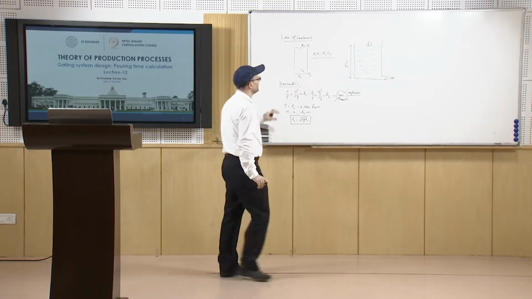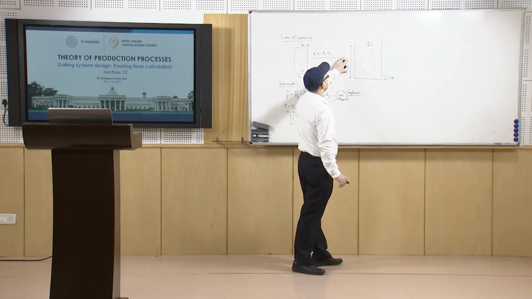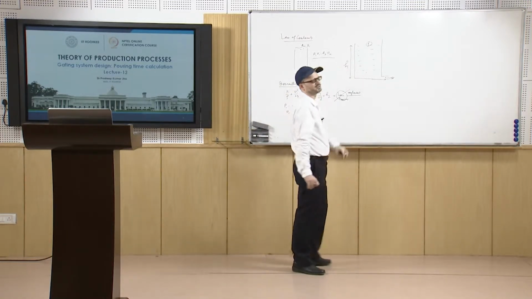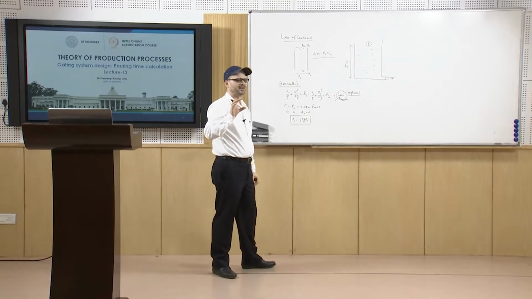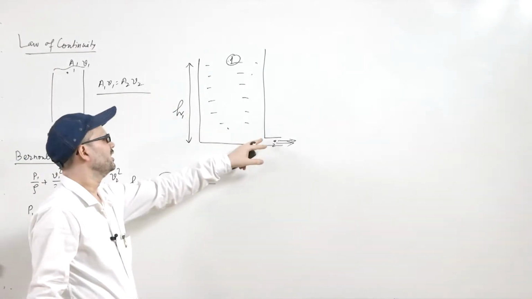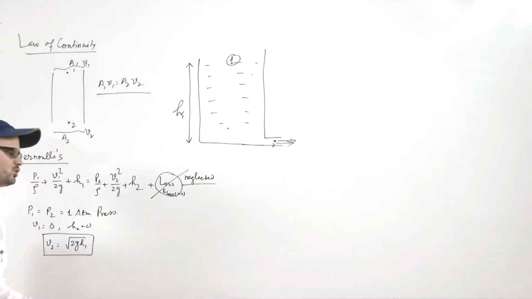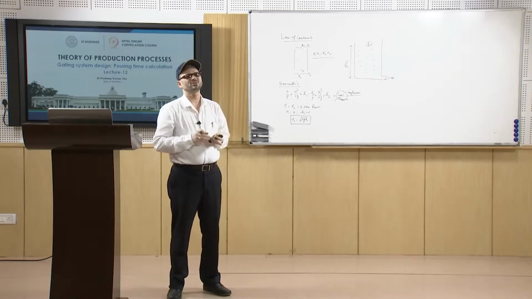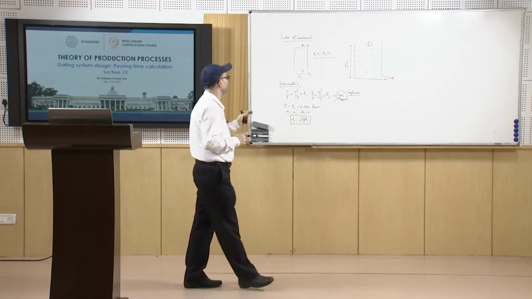If it has a potential head, this head is h1 or ht, the total head. Then the velocity you get will be under root 2g into the head height.